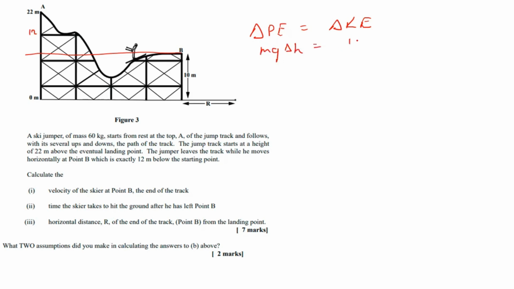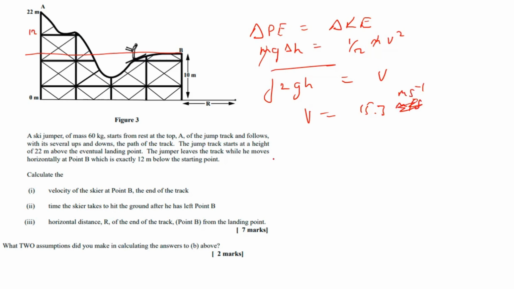Change in gravitational potential energy equals change in kinetic energy. The m's can be cancelled out, so we can restructure the equation to be the square root of 2gh equals v. The square root of that gives you 15.3 meters per second.